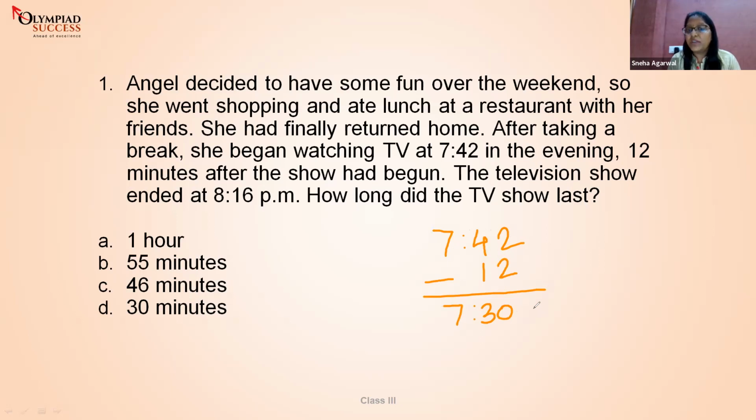She missed 12 minutes. Now what are they telling you? The television show ended at 8:16 p.m. Okay. So this is the starting time that they have mentioned, which is 7:30. And even the ending time of the show has been given to you, which is 8:16 p.m.